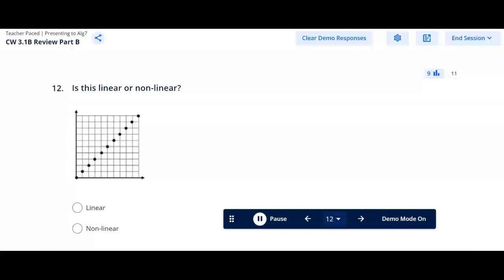Ooh, if this were an even number of students, this would be split half and half. We've got 5 to 4 right now. Are we gonna switch over any? Okay. So, a slight majority accurately identified this.